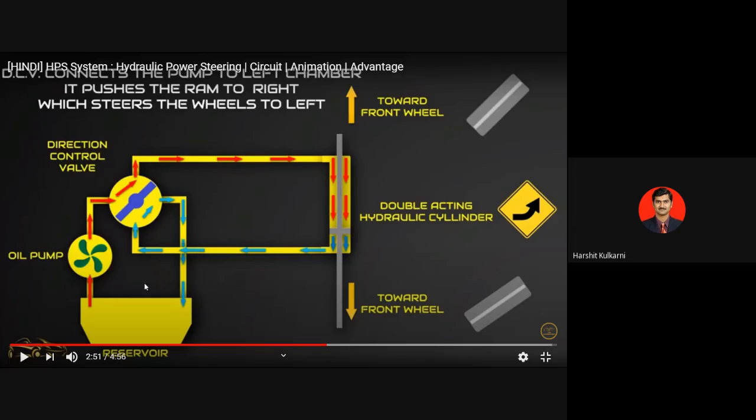Okay, P to A and B to T. This is how is the connection, and the reverse which you can observe during the vehicle turning towards the right side. Let's see that. So in reverse, what will happen? You will have the cross connections. You people were drawing in that circuit diagram, right? Cross arrows. So your connections will get changed. Let us see that.